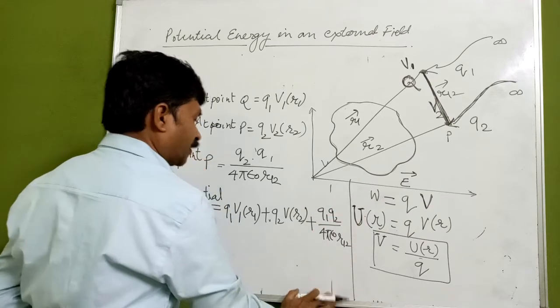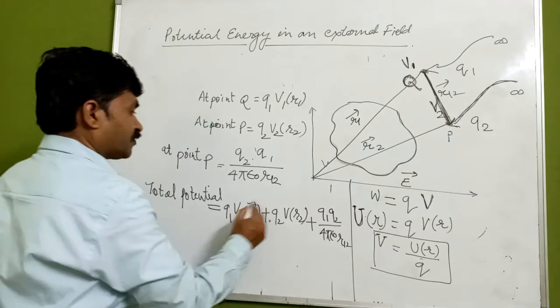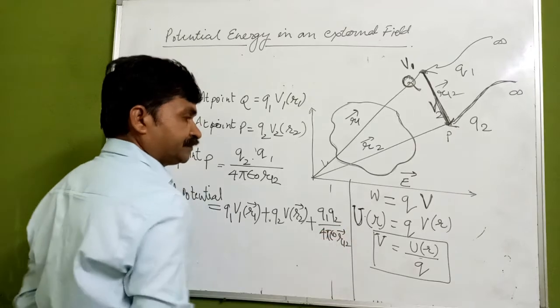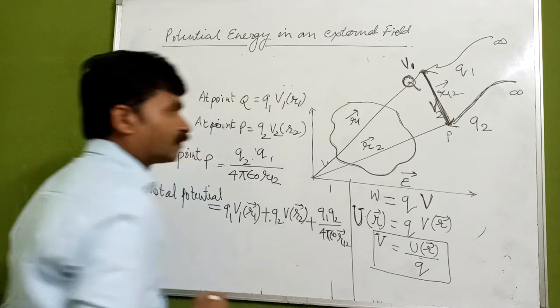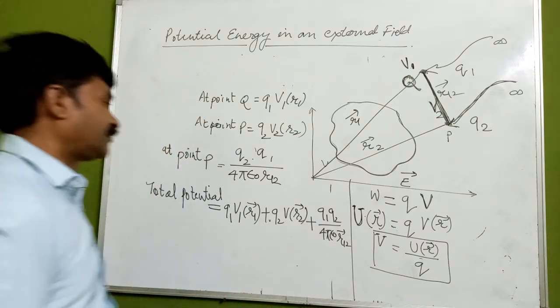This is the value which we are going to have. This we can put here. It is giving us the position vectors.